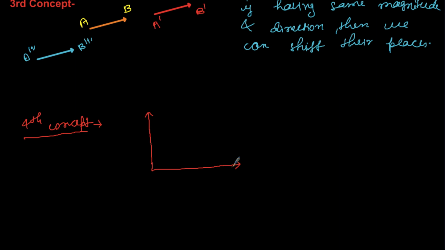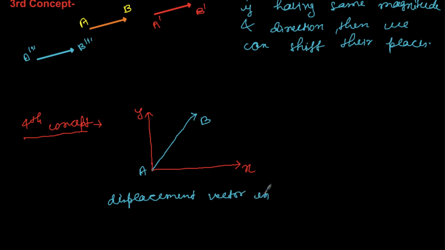That A4 paper is nothing but a plane, because it has negligible height. In that A4 sheet, this is one corner. From this corner, you draw one vector A to B. So this A to B is representing a displacement vector in 2D, or a plane.